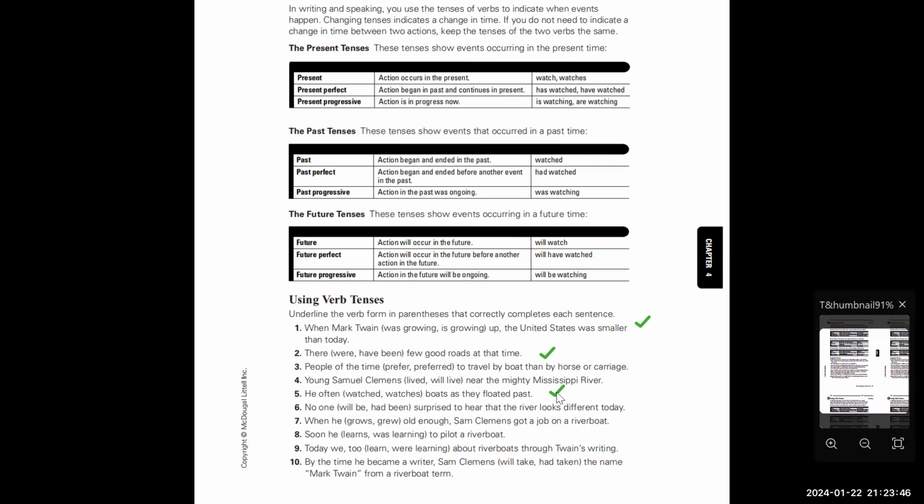What is the final answer? No one blank surprised to hear that the river looks different today.